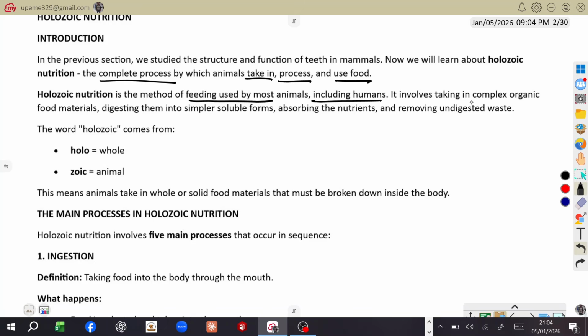It involves taking in complex organic food materials, then digesting them into simpler soluble forms, then absorbing the nutrients and removing undigested waste. So in this lesson, we will talk about the process of taking in food, the process of digesting these different kinds of food into simpler soluble forms, and then the process of absorbing these foods into the bloodstream.